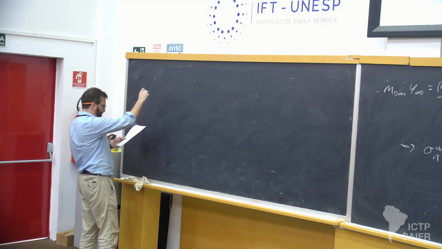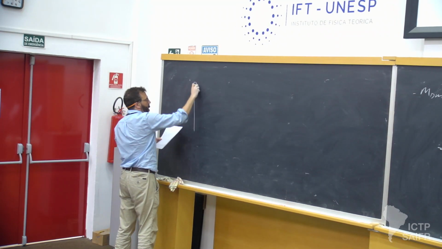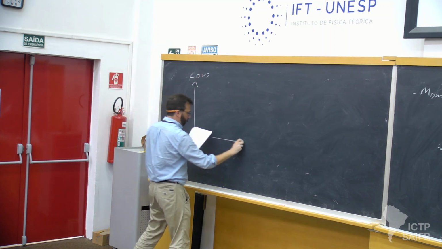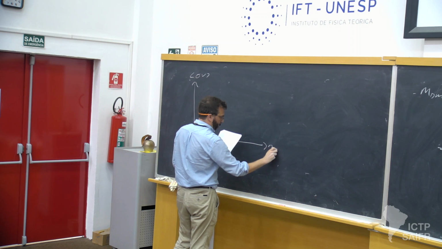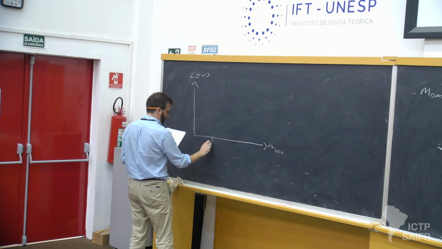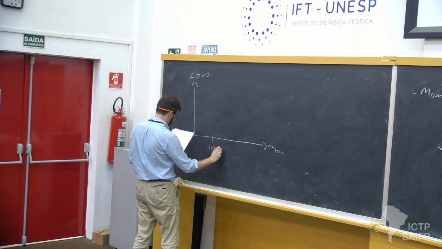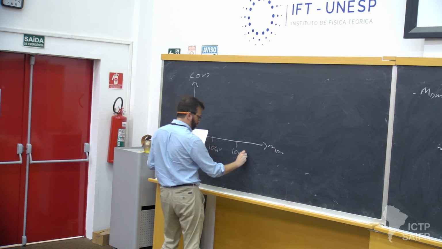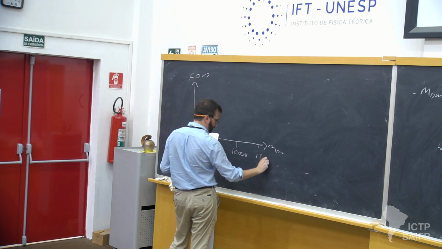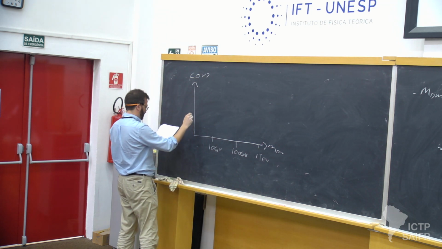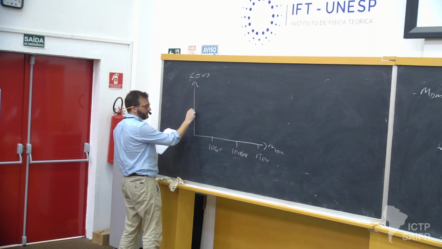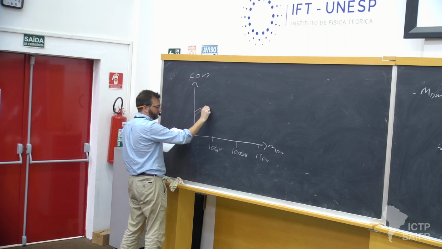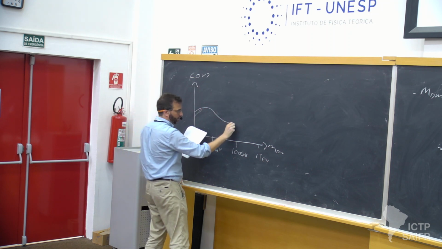Okay? So then you can have a plot like this. So here is M dark matter: 10 GeV, 100 GeV, 1 TeV. I'll just sketch the solutions. So this is to get the correct relic abundance. For the symmetric dark matter case, it does something like this.